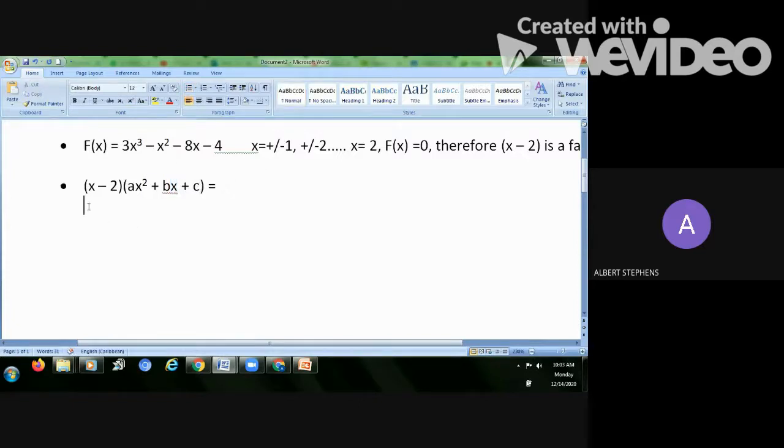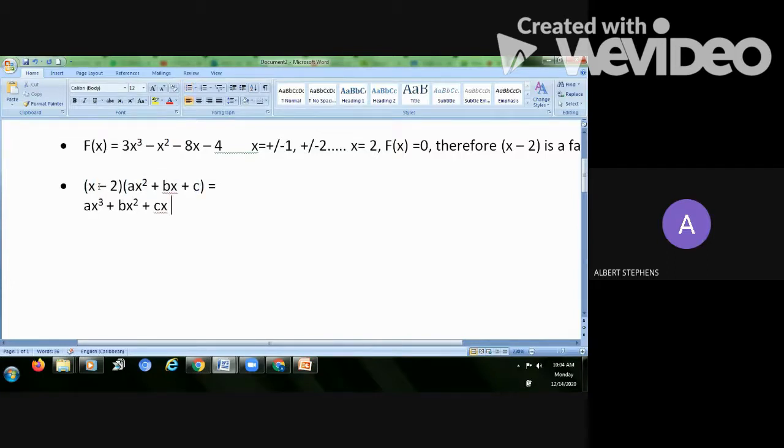So I'm going to have ax cube plus bx square plus cx.